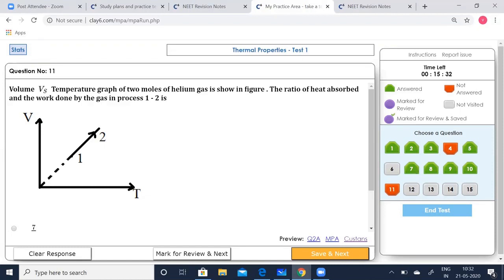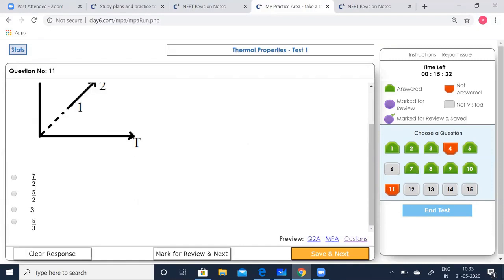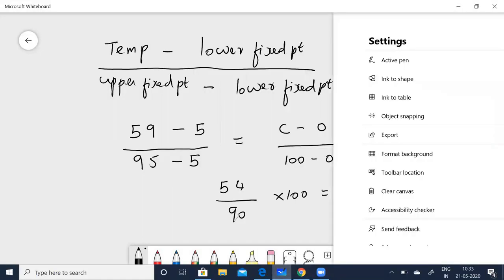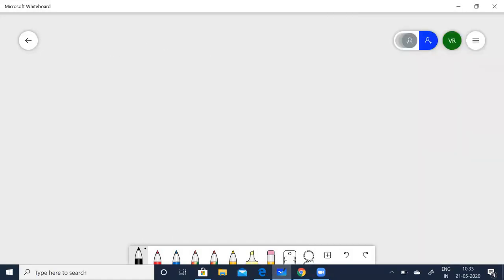So what should be the answer? Let's quickly solve this. Now you know V is proportional to T, or we can put it as V by T is equal to a constant.